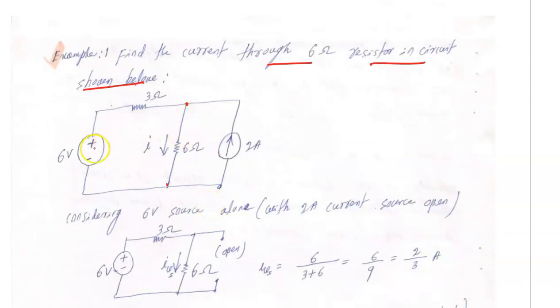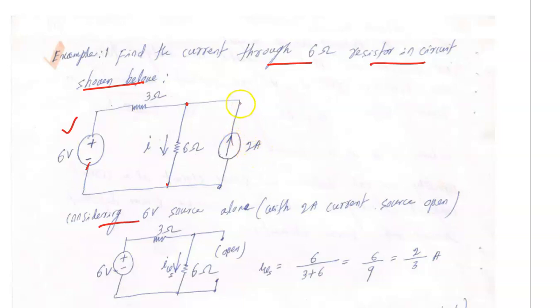First we will consider the 6 volt source. So I have to reduce the 2 ampere current source to 0 because it is an independent source. So considering the 6 volt source, I keep only the 6 volt source and reduce the 2 ampere current source to 0.